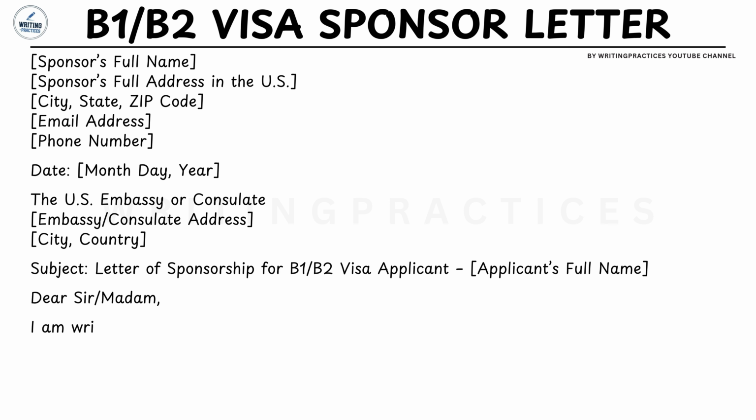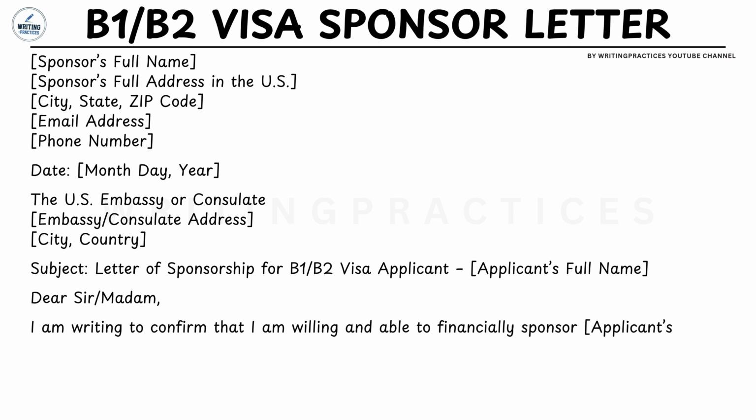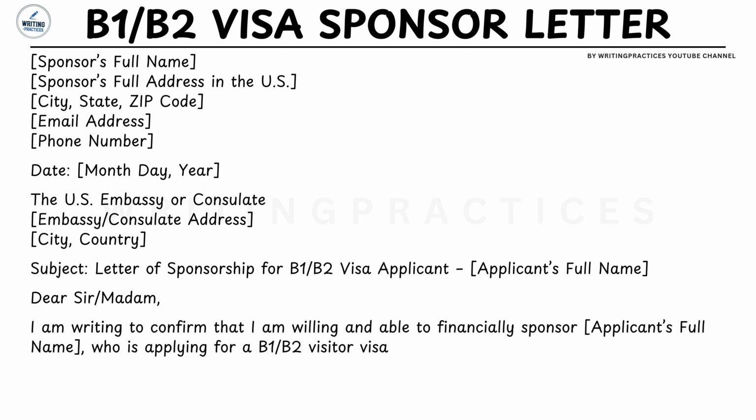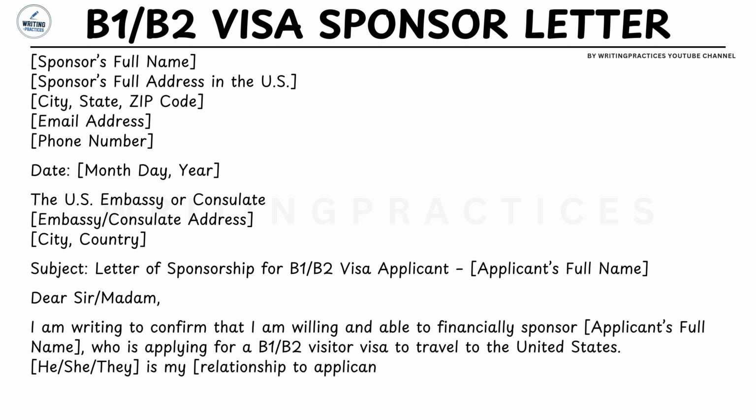Opening paragraph, stating the intent to sponsor. Now we get into the body of the letter. The first paragraph should clearly state your intent to sponsor the visa applicant and your relationship with them. For example, I am writing to confirm that I am willing and able to financially sponsor applicant's full name, who is applying for a B1/B2 visitor visa to travel to the United States.